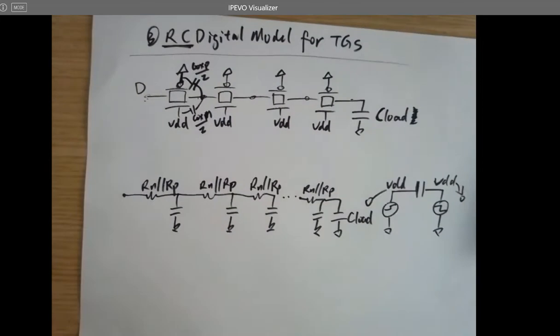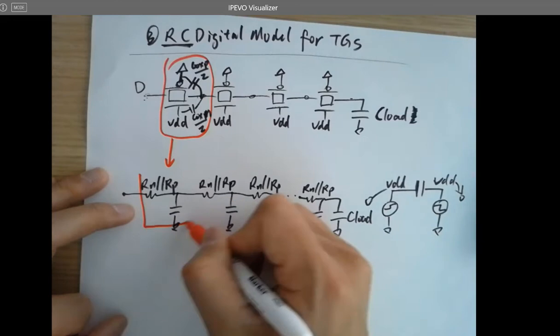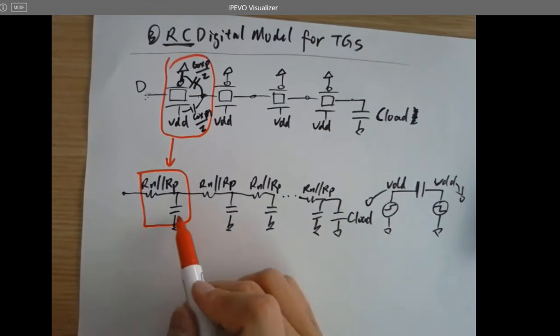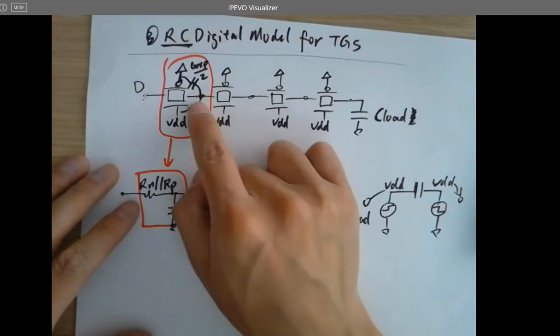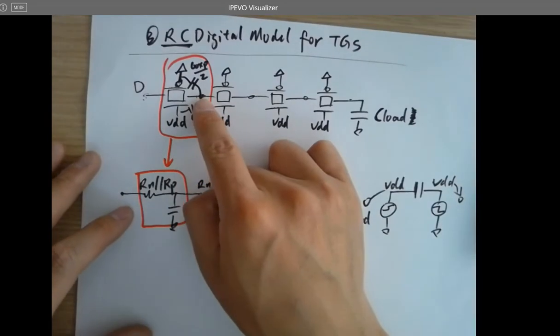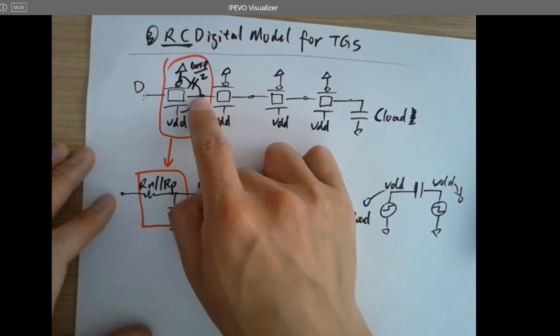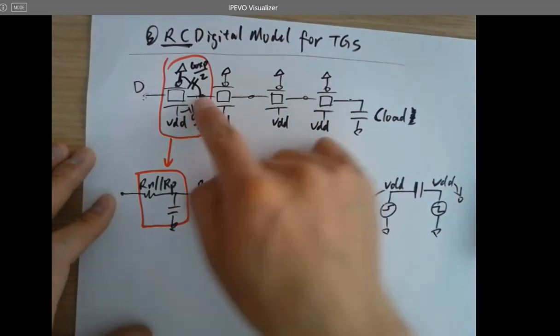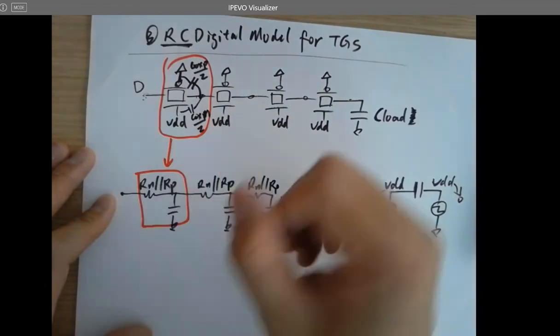I just simply converted everything here into this guy. So what's the capacitance? Whenever I'm looking at the time delay, I'm just looking at the output. So here is a capacitance by looking into the output to the left-hand side.